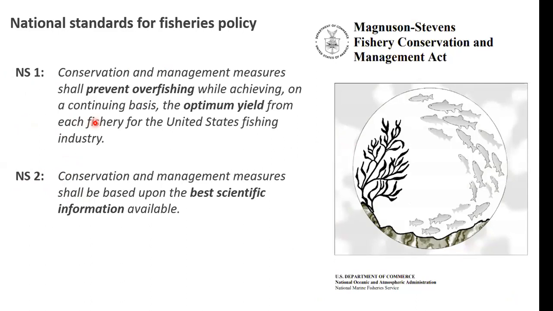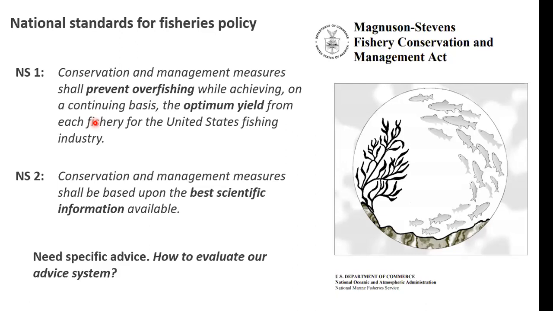And also, we need to do this using the best scientific information that we have available. And so we need specific advice, things like catch quotas, if that's how we're managing our system. But what management strategy evaluation tries to accomplish is, how can we evaluate the system by which we are providing that advice?